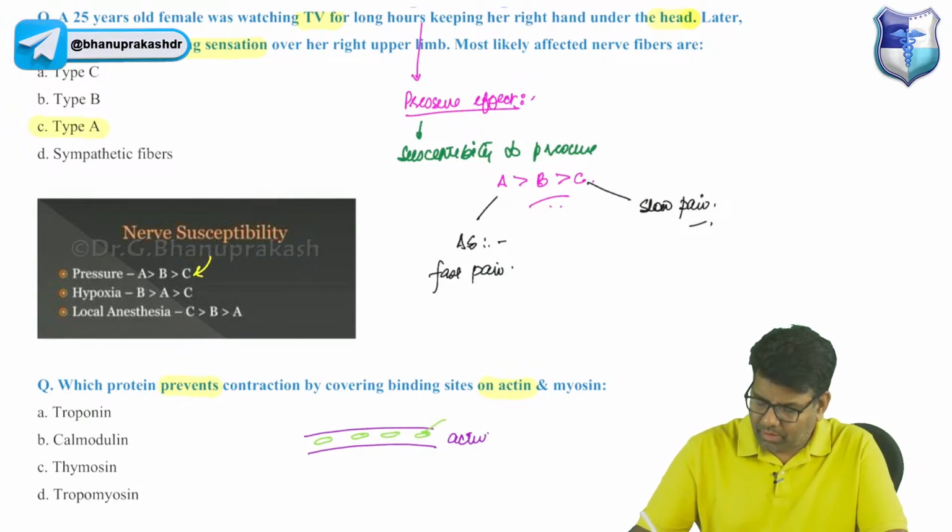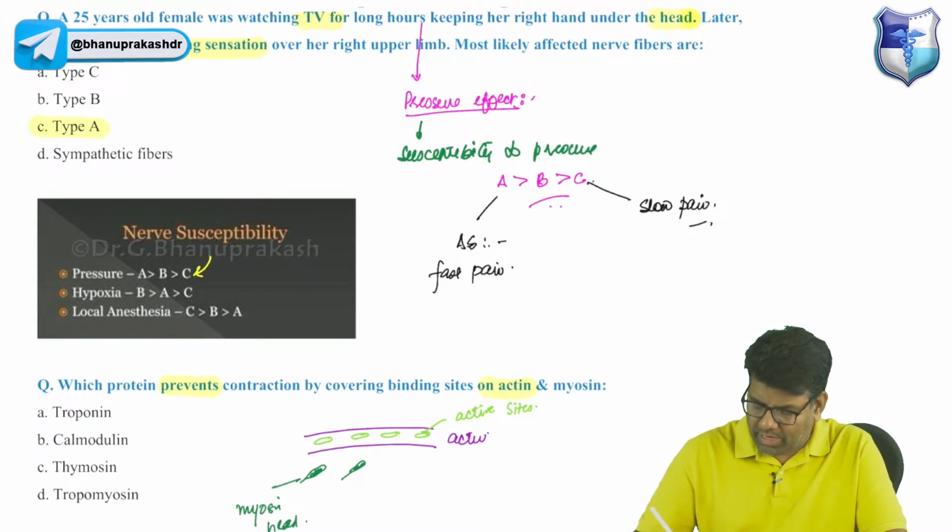These are active sites, and for contraction to take place, the myosin head should bind with these active sites.